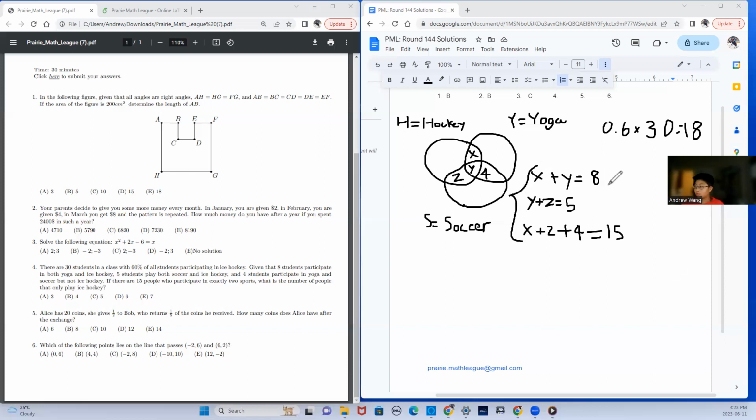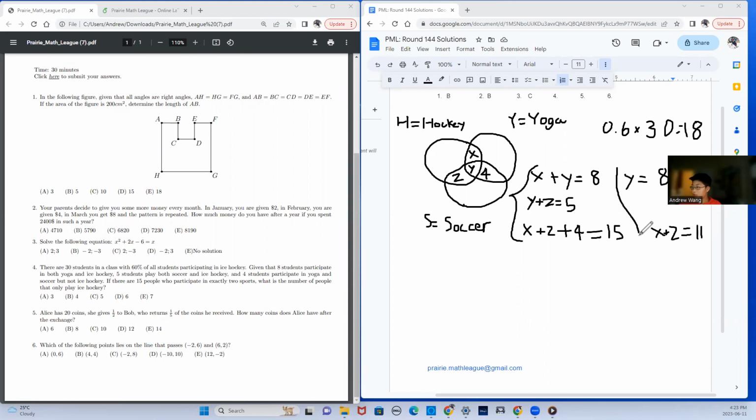So X plus Y equals 8, we can translate that to Y equals 8 minus X. And X plus Z plus 4 equals 15 can be solved into X plus Z equals 11.